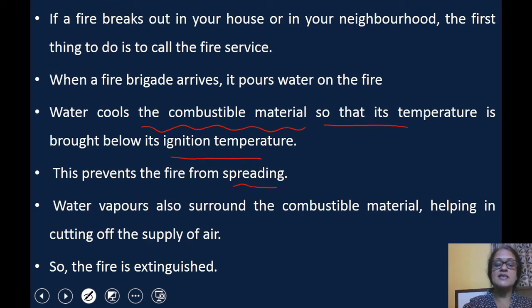Second thing is that water vapors. As we are spraying water on the burning building, water will convert into water vapors. And these water vapors surround the combustible material and help in cutting off the supply of air. So the fire is extinguished. So this was the role of using water for extinguishing fire.